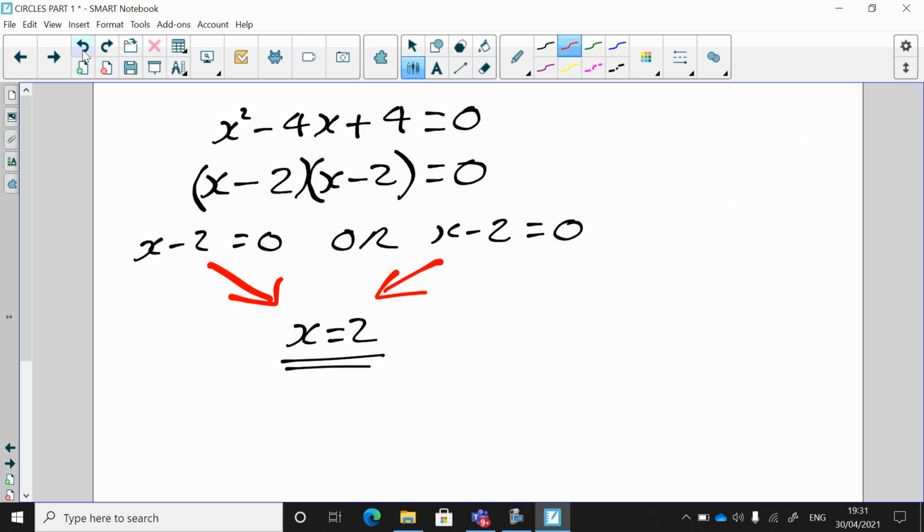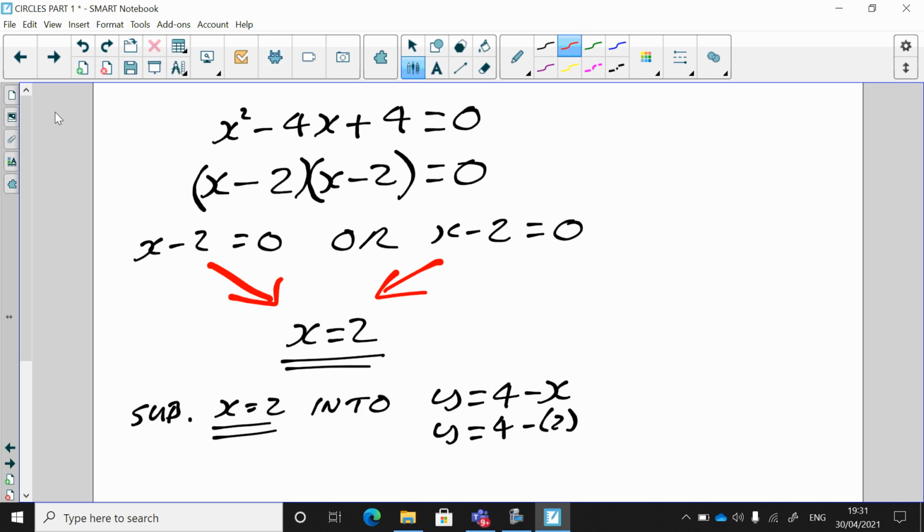Right, so I've just got rid of all that stuff. Let me continue. So we've got the one point of contact, that was x equals 2. Initially we had two equations, the circle equation and the line equation. Put it into the simpler one, so I'm putting it into the equation of the line. That was much simpler: 4 take away x, so it's going to be 4 take away 2.